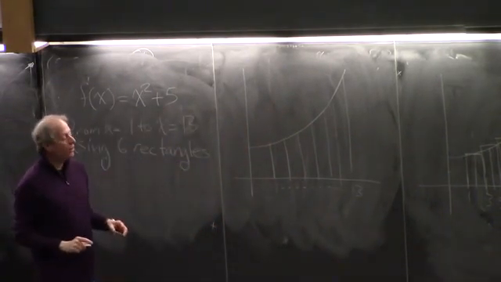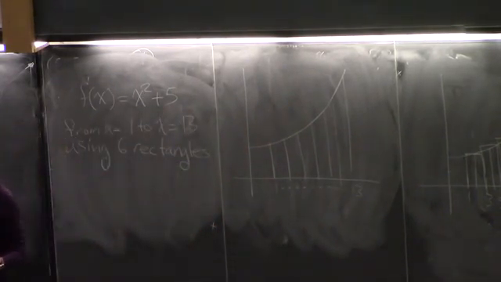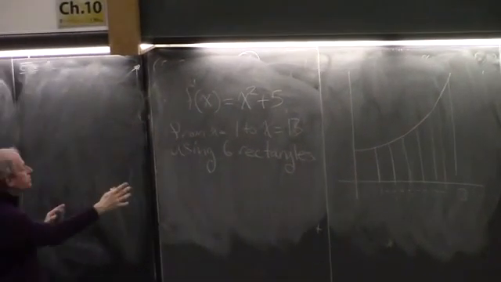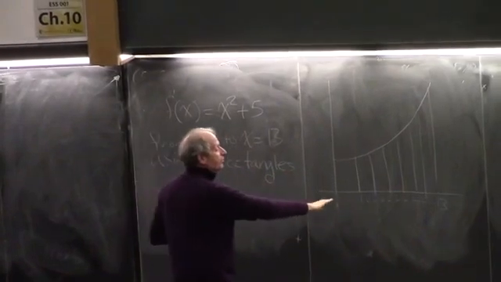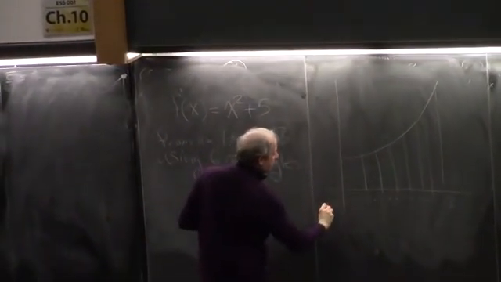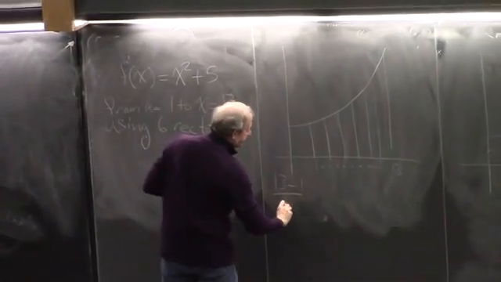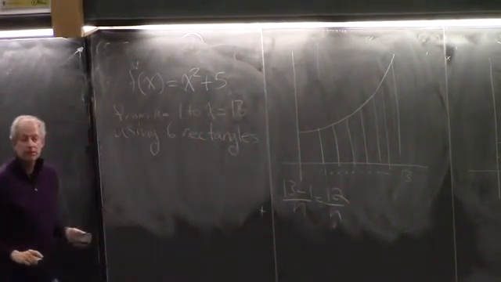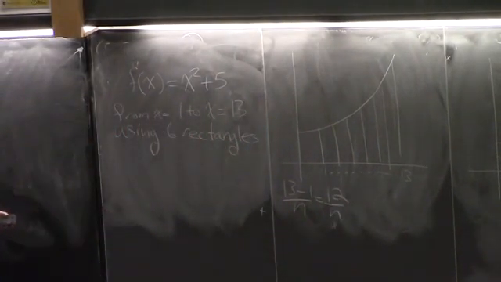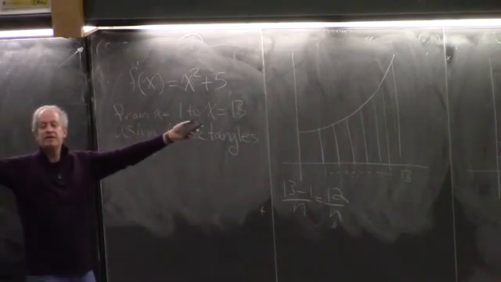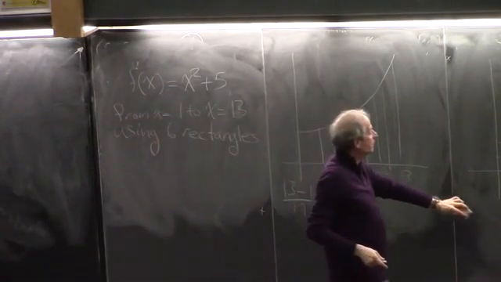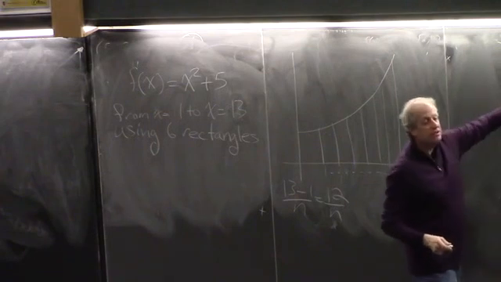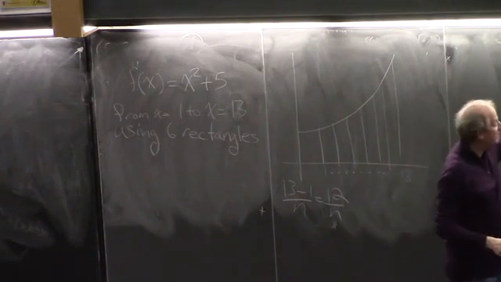Okay? So how wide do I want each rectangle to be? Well, I want to have n rectangles. So the whole interval has a width of 12, so the width of each one will be 12 over n. Okay? You take the endpoints, you subtract, that's how wide the interval is, you divide by n. So if it's going from 1 to 100, it would be 99 divided by n.